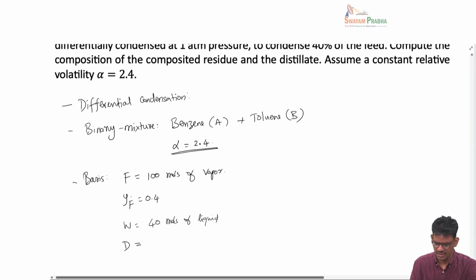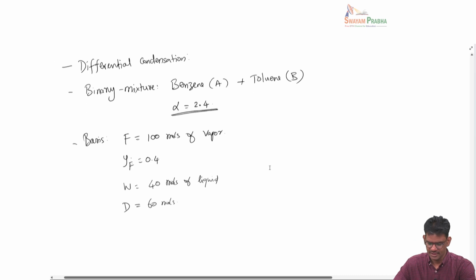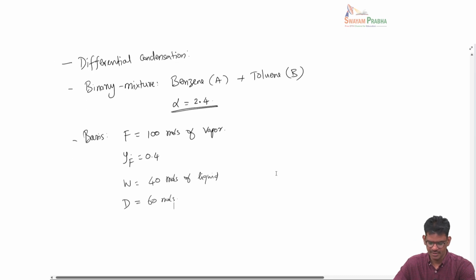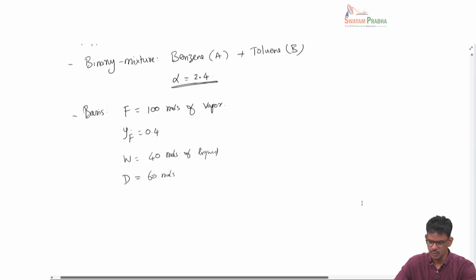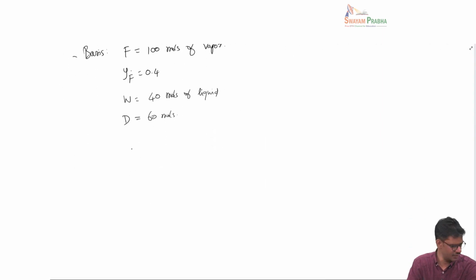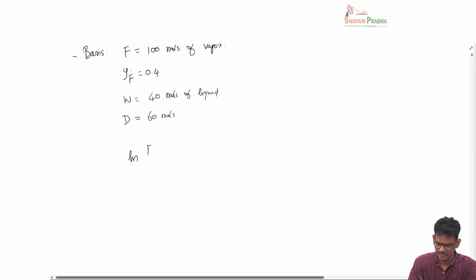The remaining vapor D would be some 60 moles. And from here it is a straightforward problem because Rayleigh's equation for partial condensation goes as this. This is something we derived in the class.